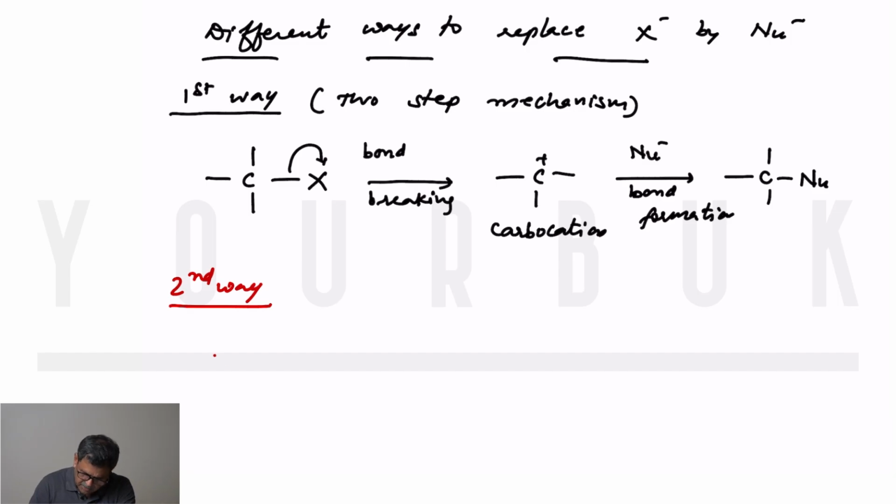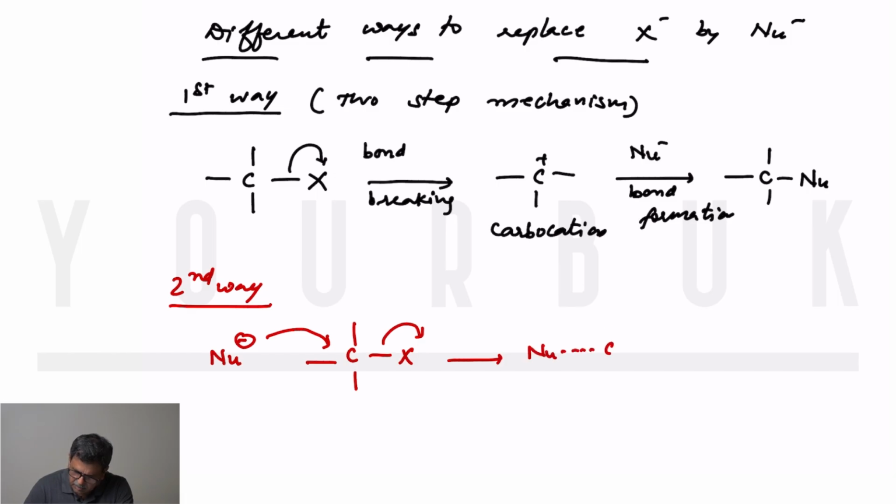Like this: this is my nucleophile and this is my haloalkane. Bond formation between carbon and nucleophile and bond breaking of C-X take place simultaneously, and this results in the formation of a transition state.